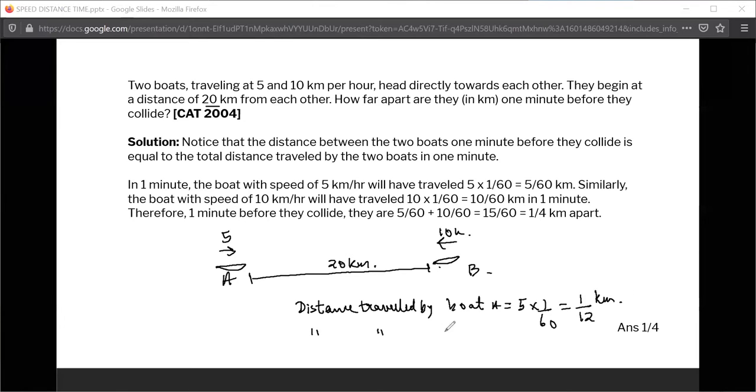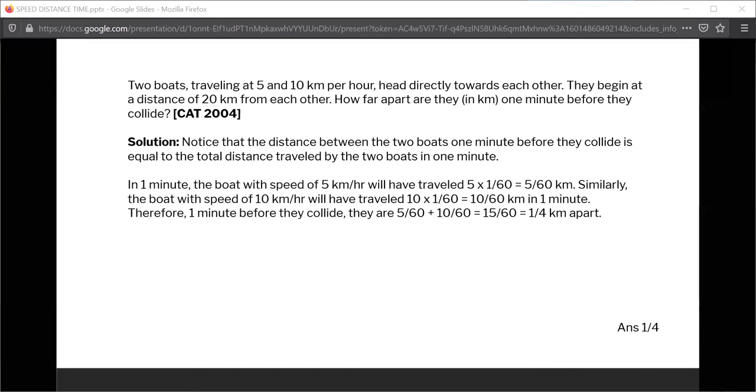Similarly, distance traveled by boat B in the last minute, the speed is 10 and the time is 1 minute. This will give you 1 upon 6 kilometers. So total distance traveled equals 1 upon 12 plus 1 upon 6, that will be 1 upon 4 km. Thank you. Let's move to the next question.